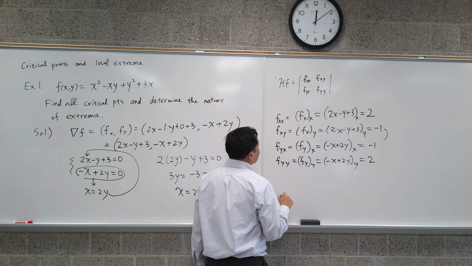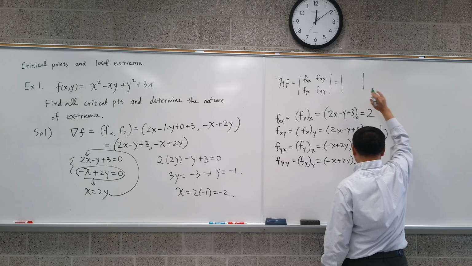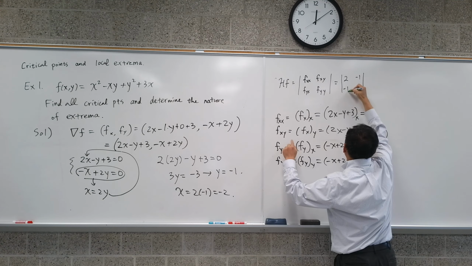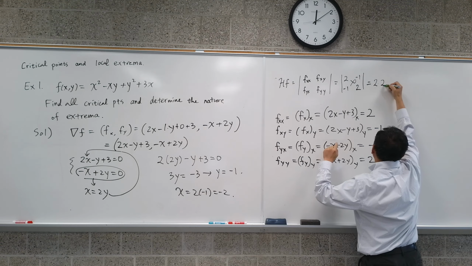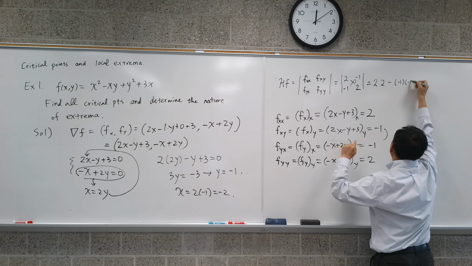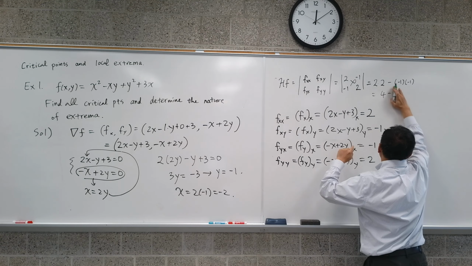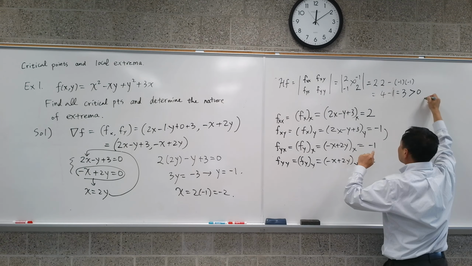Okay, so therefore, what we have is 2, negative 1, negative 1, 2. And if you do AD minus BC, we get 4 minus 1, which is 3. And the important thing is this is positive.